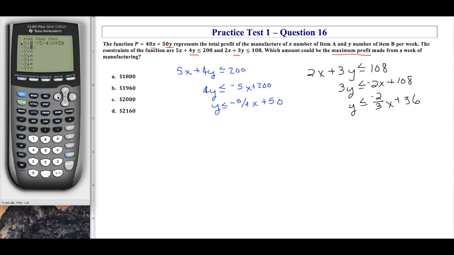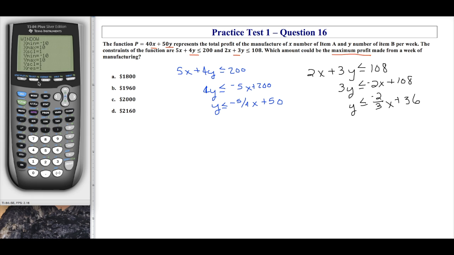Coming down to y2, again go to your left hand side and select your less than sign because it is also a less than or equal to inequality. Come over to your right hand side and insert your inequality of negative parentheses 2 divided by 3 end parentheses x plus 36.